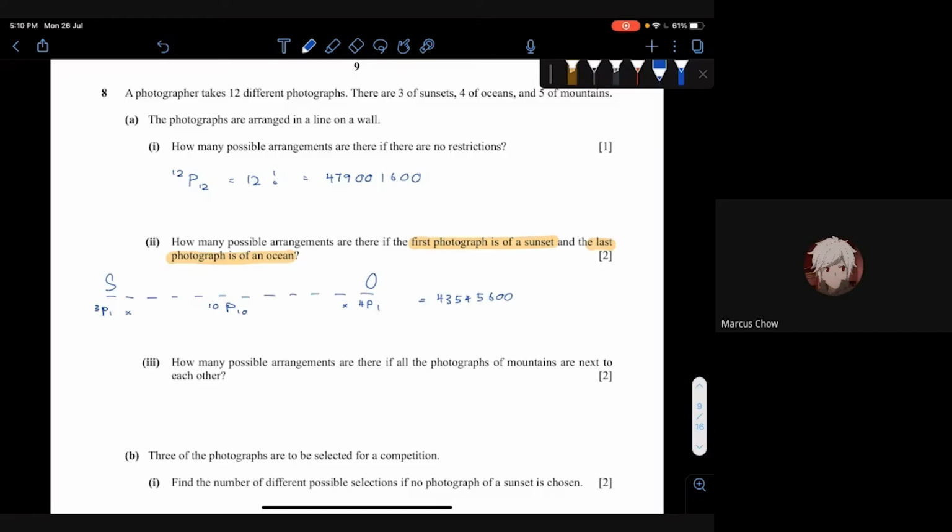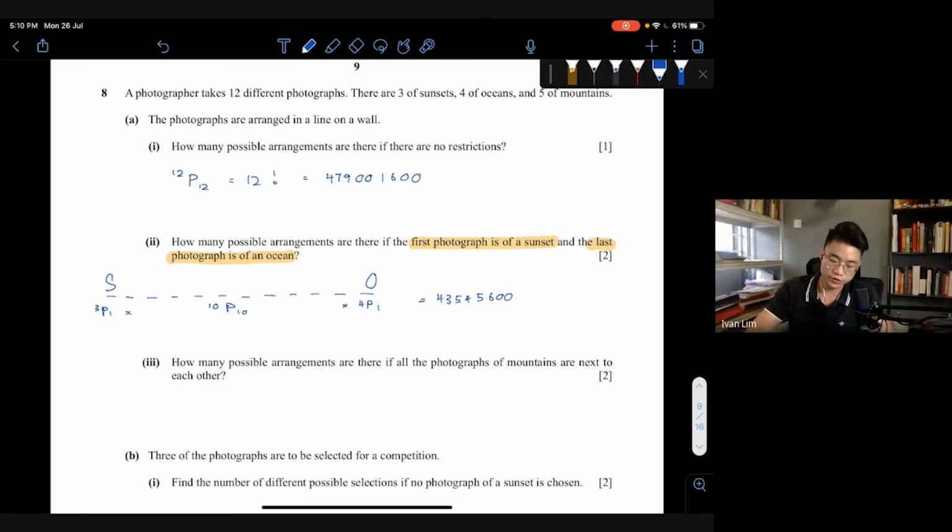Wait, which paper did I do already? Okay, we continue first, you go look first.